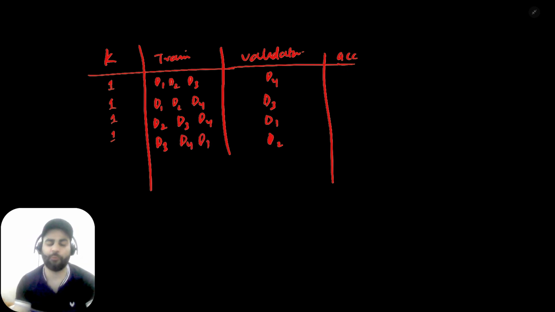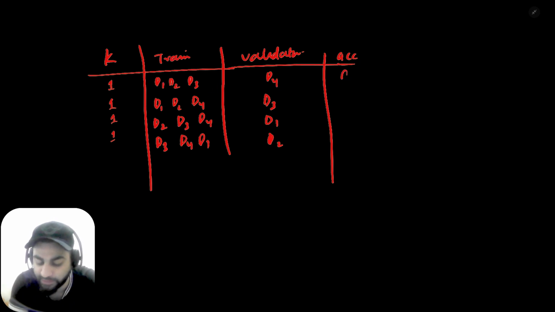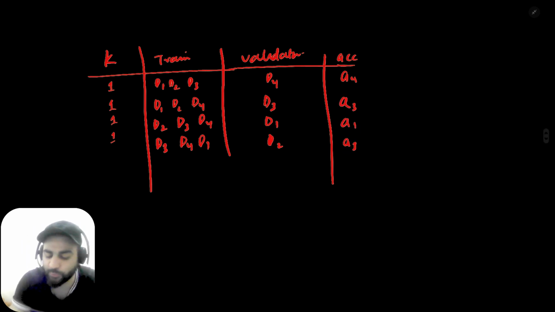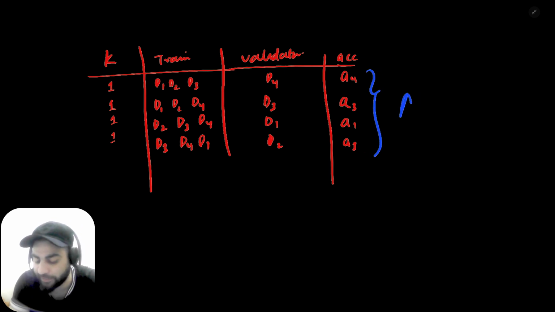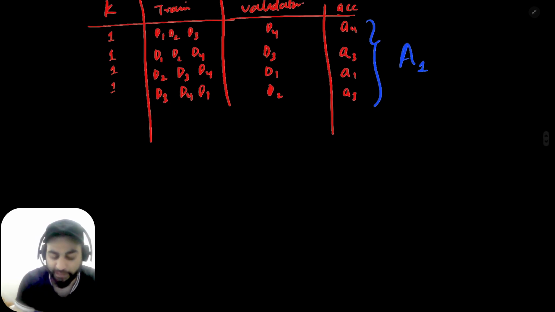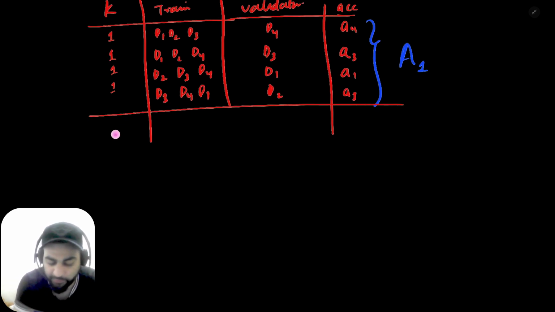Okay, I think I just took k minus 1 folds for the train and one for the validation. Now I'll have accuracy A4, A3, A1 and A2. So what I'll do is compute the average of these accuracies. Let's call that capital A, the accuracy with respect to k equal to 1. I'll call it A1. Then for k equal to 2, with two neighbors, again I'll use the same set. I'll use all of these.